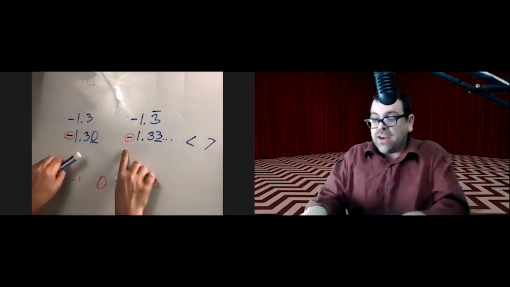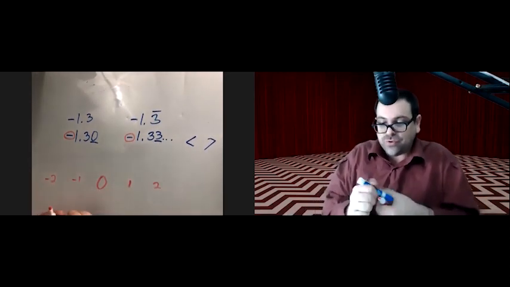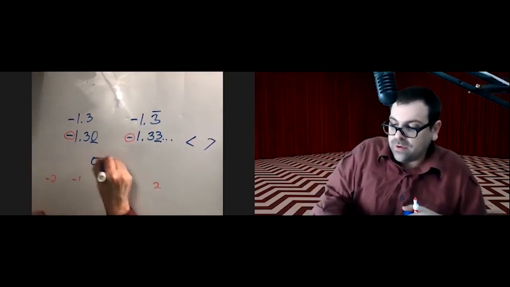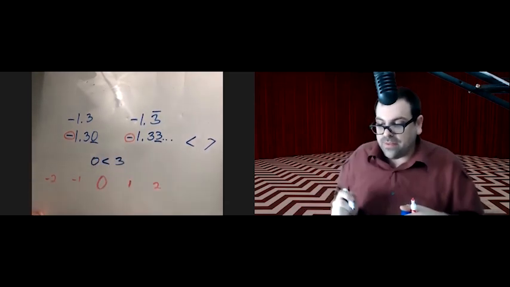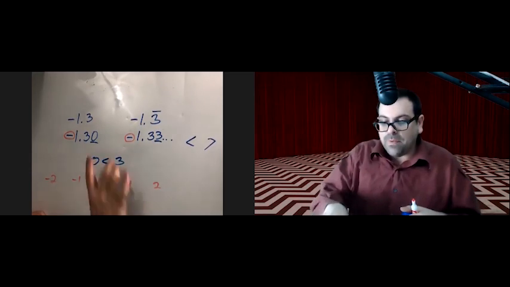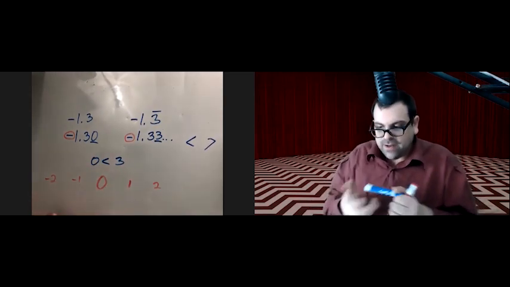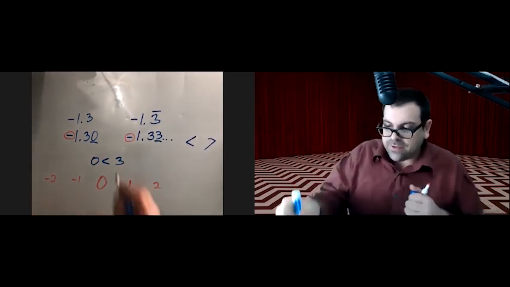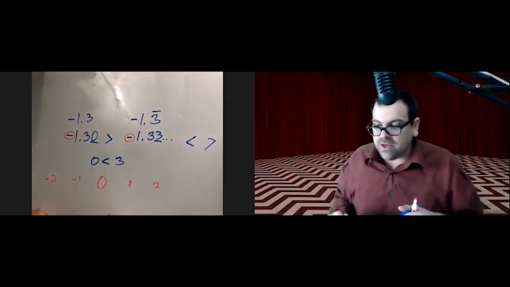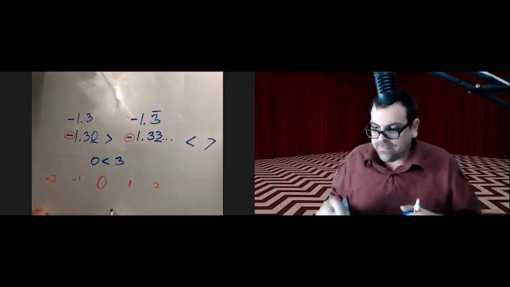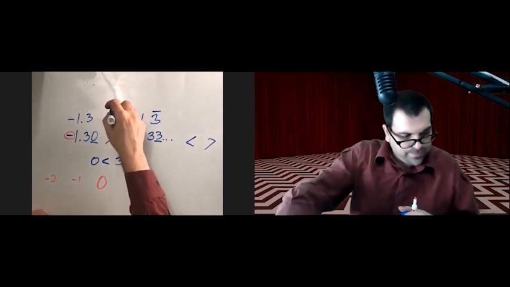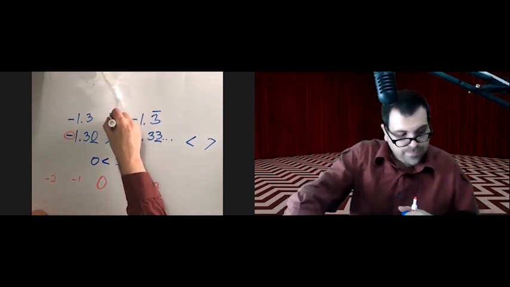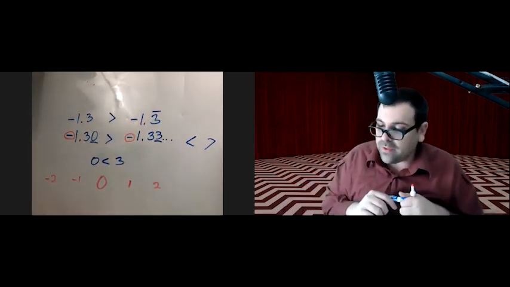So since we're on the negative side, it is true that 0 is less than 3. But on the negative side, we flip that around. And this would be a greater than sign.